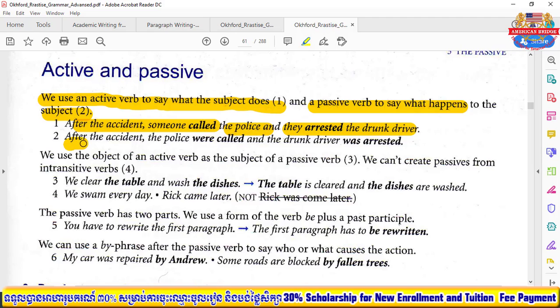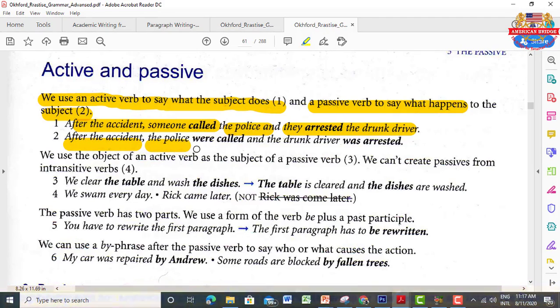So again, everyone, after the accident, the police were called and the drunk driver was arrested. We move the drunk driver to the subject, and we move the police to the subject. The police were called.